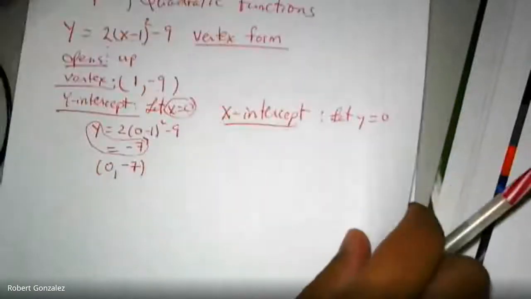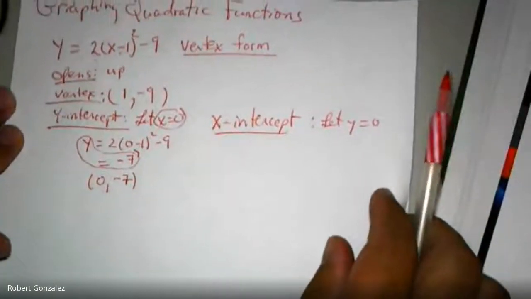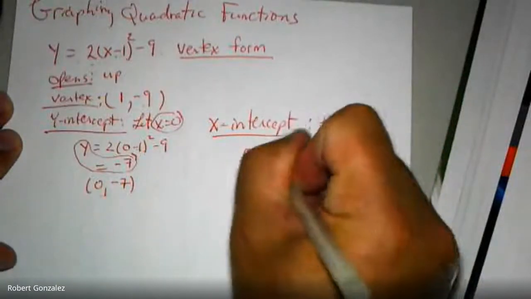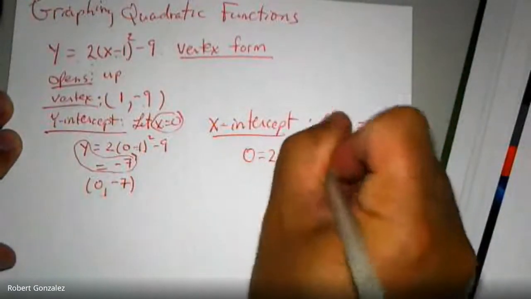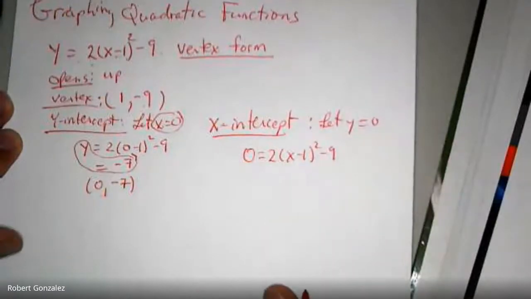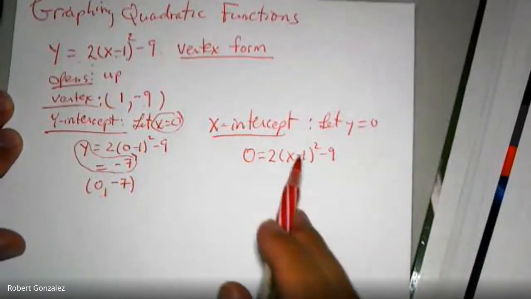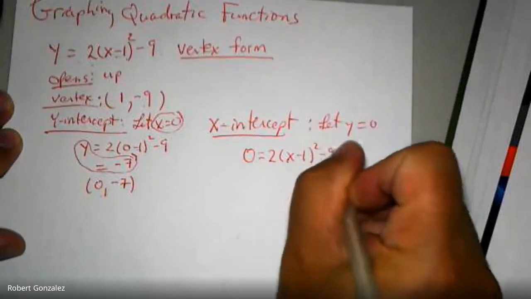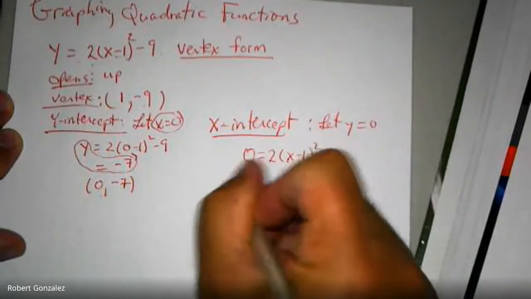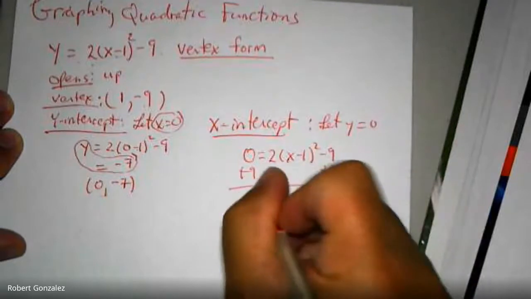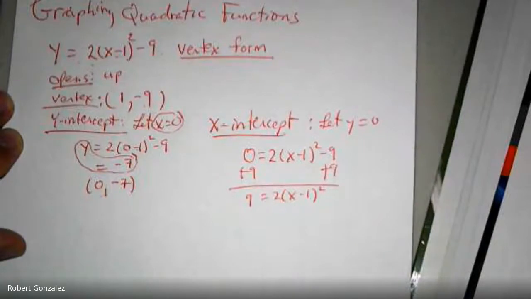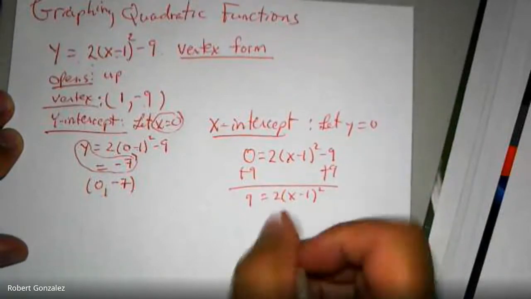Okay, so there's your formula, and I'm going to put 0 for y. 0 equals 2 times x minus 1 squared minus 9. Okay, let's solve for x. First step, you want to add 9 to both sides. I get 9 equals 2 times x minus 1 squared. Then divide by 2.